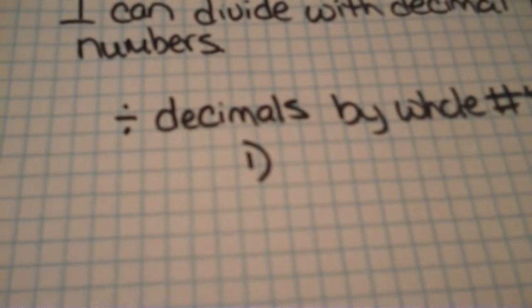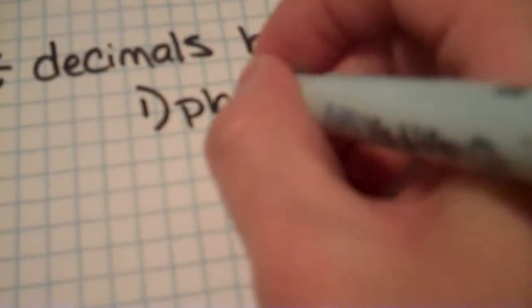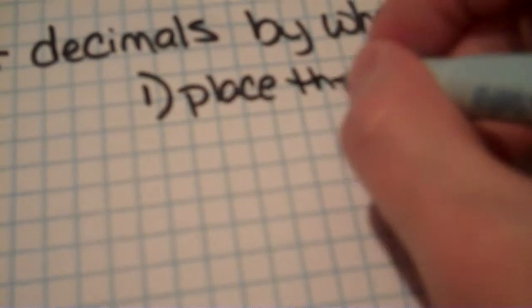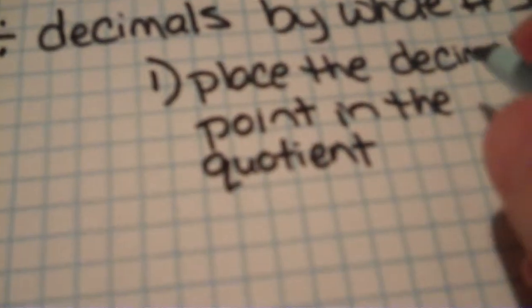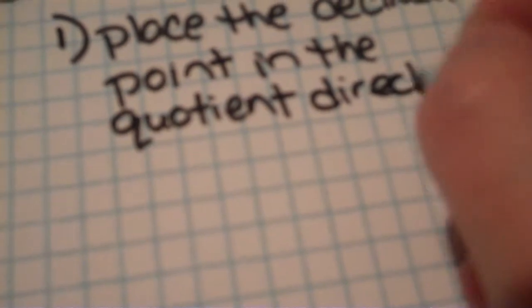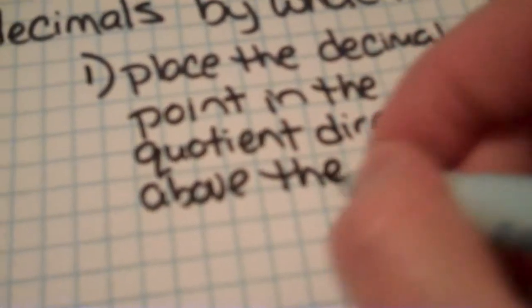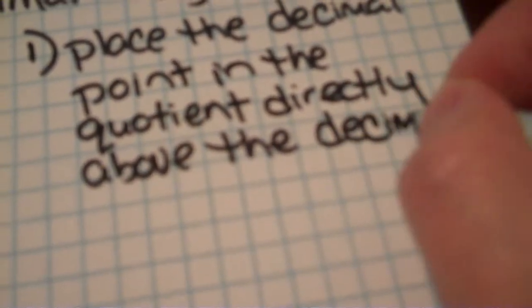Things we need to remember. I want you to place the decimal point in the quotient. Remember, the quotient is the answer to our division problem, directly above the decimal point in the dividend.